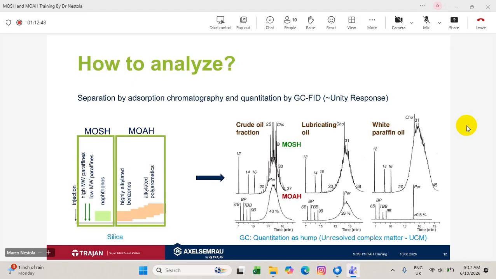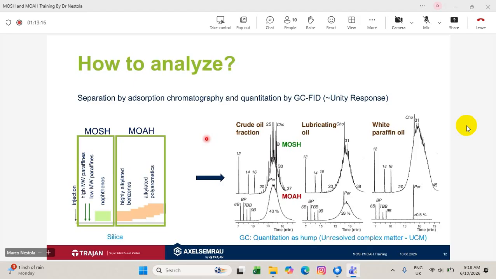And just looking at these nice humps here, these are the chromatograms we are getting, for those who have never seen a MOSH-MOAH chromatogram. MOSH-MOAH chromatograms are not single peaks. As I said, it's many thousand compounds, and since they cannot be separated anymore, they form a hump. We call it a hump or UCM, unresolved complex mixture.